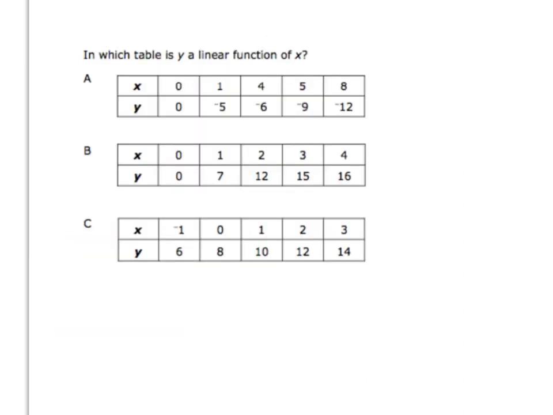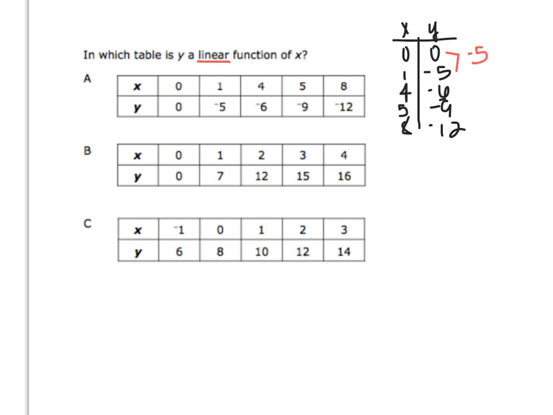Okay, go through and figure out which table is y a linear function of x. So easiest way is put these in a table to be better able to see the change in y, change in x. Again, if it's linear, it has the same slope between all the points. 0 to -5, so I just have to test my points out, is a decrease of 5.